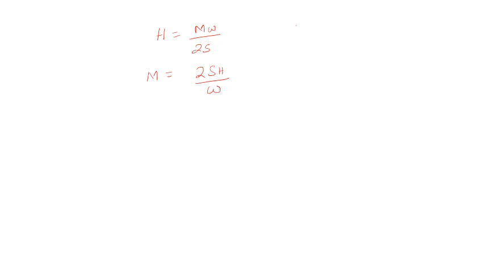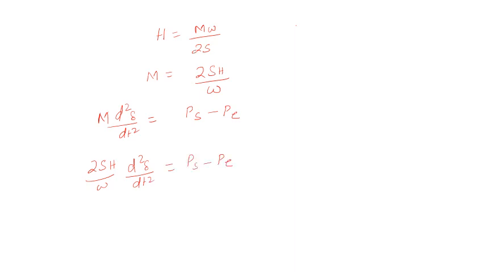Now I will put it in my swing equation. The swing equation was M d square delta upon dt square is equal to Ps minus Pe. So I can write 2SH upon omega d square delta upon dt square is equal to Ps minus Pe.